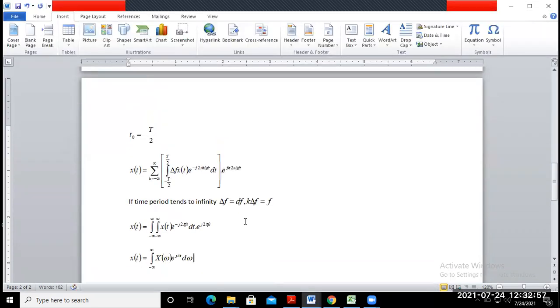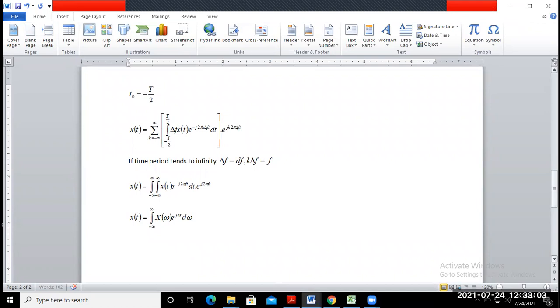This is known as the inverse Fourier transform equation.